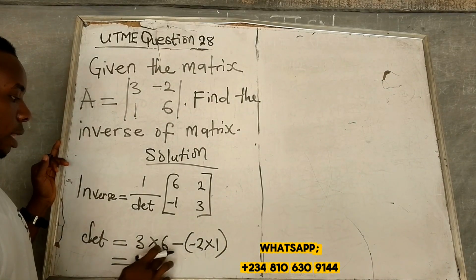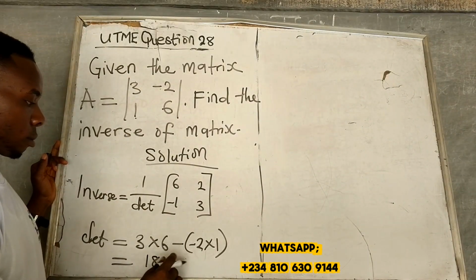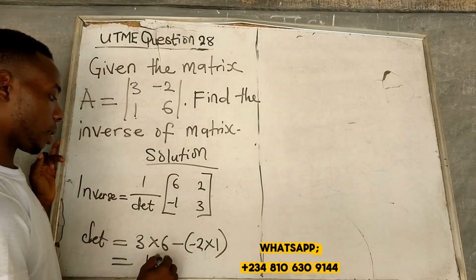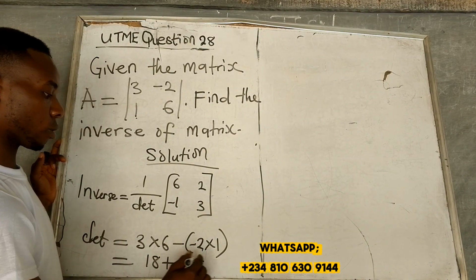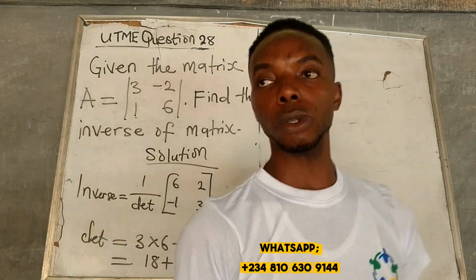So this will be equal to 3 times 6, which is 18. So that minus 2 times 1 is minus 2. Minus times minus is plus, so this is plus 2. Equals 18 plus 2 is 20. So 20 will be there.